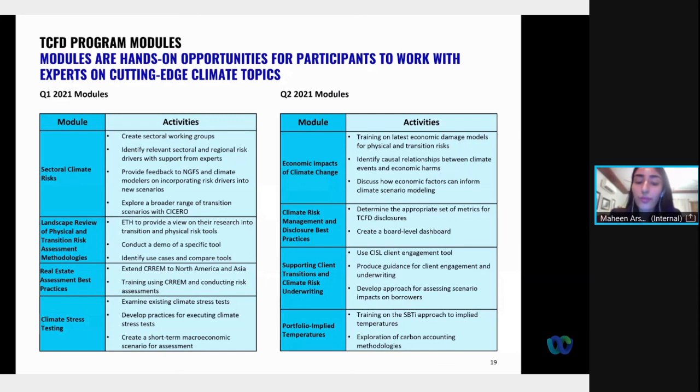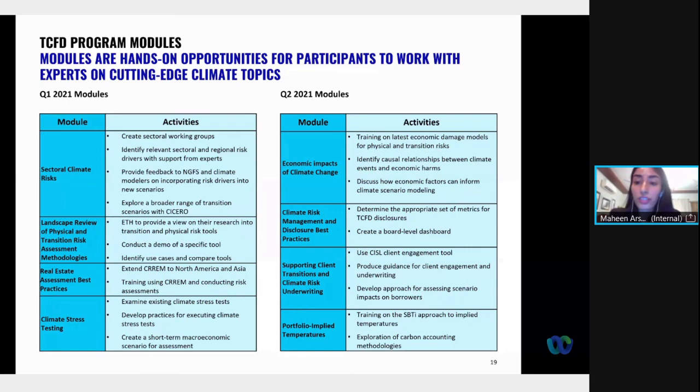Then we also have ongoing work on the economic impacts of climate change, which looks at different physical and transition impacts of climate change, and we've partnered with a number of institutions to conduct work on that using different tools. We have current work on climate risk management and disclosure, as well as how financial institutions can support climate transitions into decarbonization.